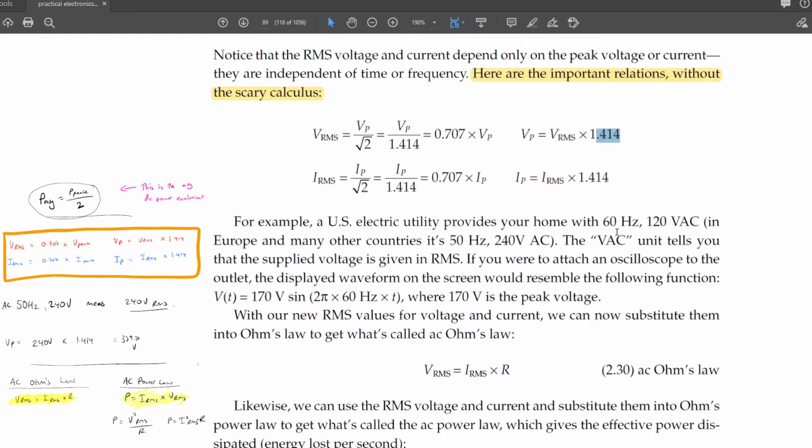I know some other countries around the world. 60 hertz, 240 volts means 240 volts RMS. The VAC. Okay. Where am I?